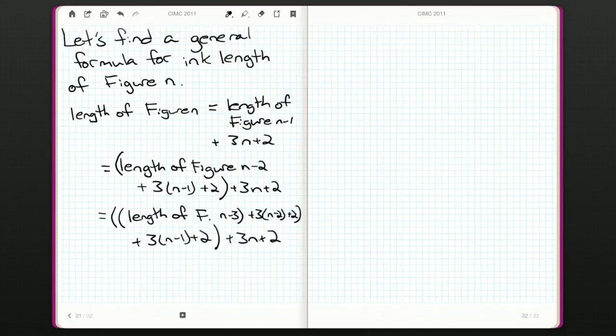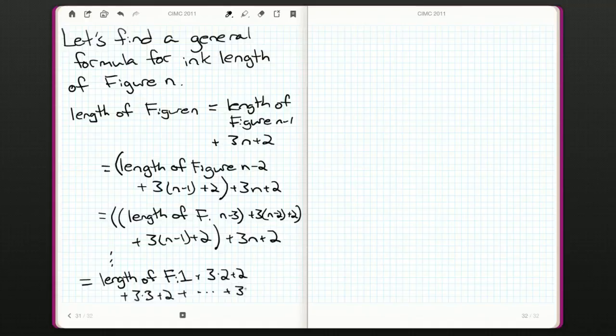So we can keep going on and on like this. So we have the length of figure 1, plus, we want the length of figure 2 next, so 3 times 2 plus 2, plus 3 times 3 plus 2, plus all the way up to 3 times n plus 2.